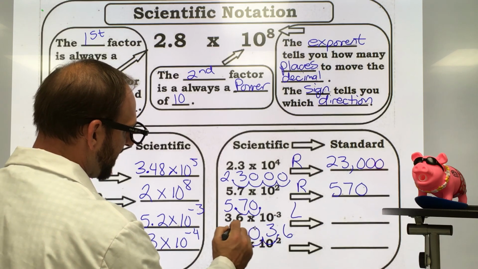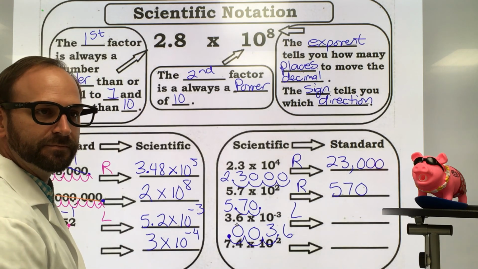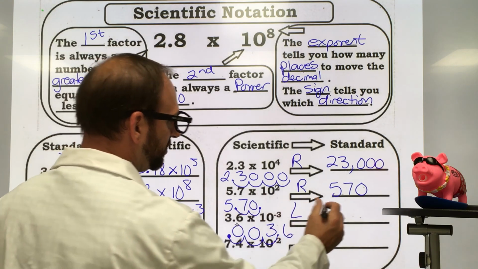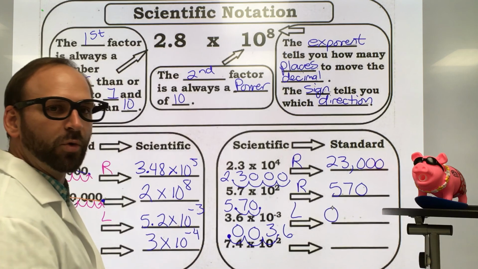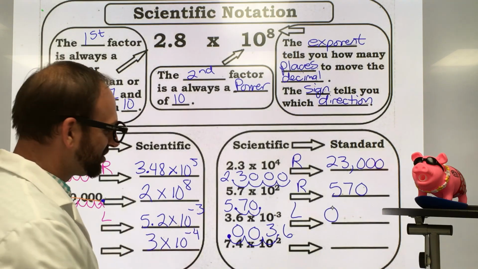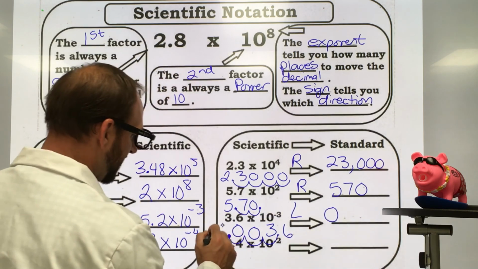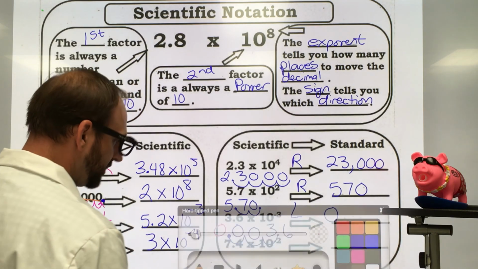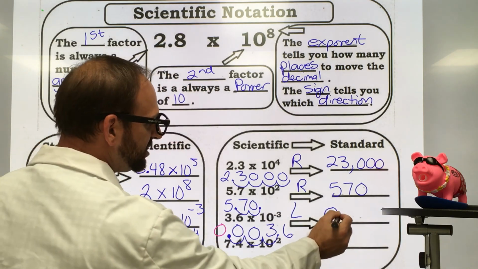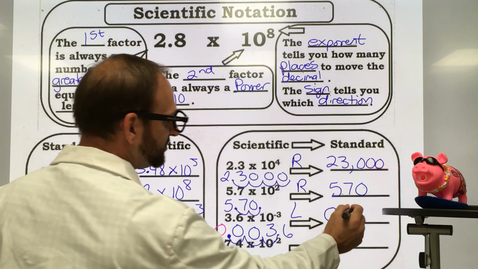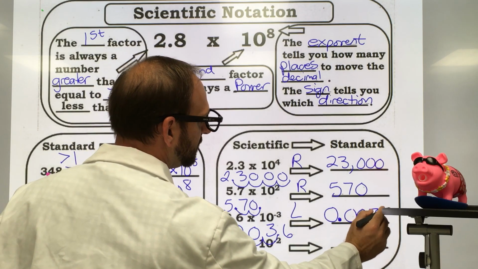And then fill those gaps in with zeros. Now, my final answer, just the proper way, the mathematical manners, as I like to call them, is to place a 0 in front of that decimal. Okay? And then you have the decimal, and then 0, 0, 3, 6.